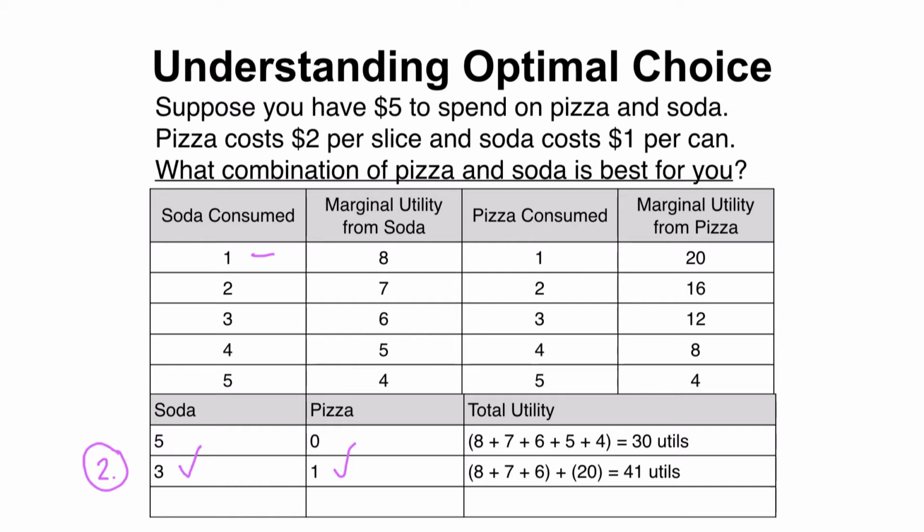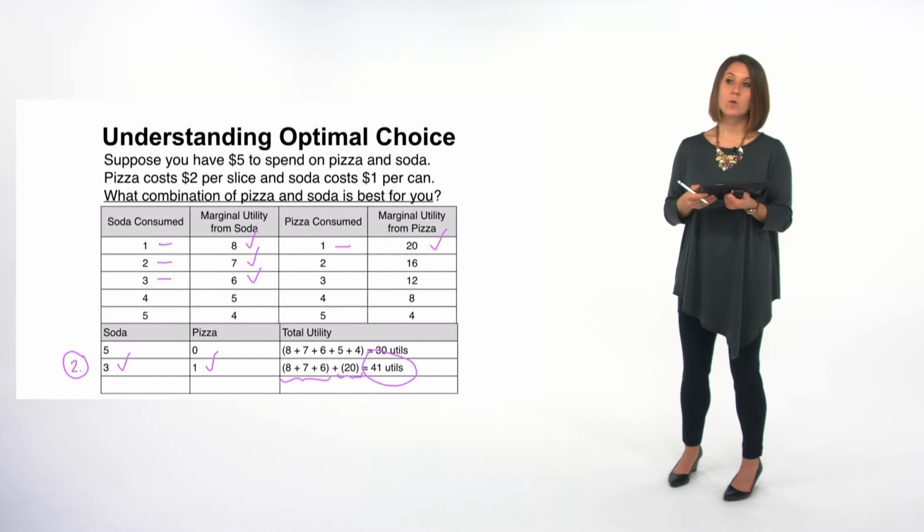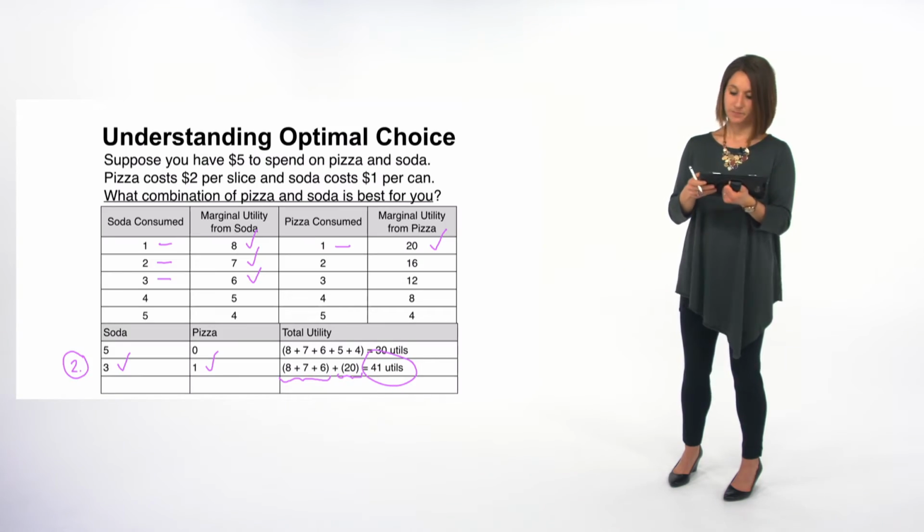Well, for the 3 cans of soda, we add up our marginal utility, and that gives us 8 plus 7 plus 6, and we have to add that to the marginal utility that we derive from 1 additional unit of pizza, going from 0 to 1. That gives us 20 utiles. So when we add up all of the utility from consuming 3 cans of soda and 1 slice of pizza, we end up with 41 utiles, or 41 units of satisfaction.